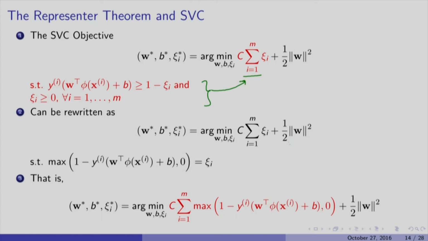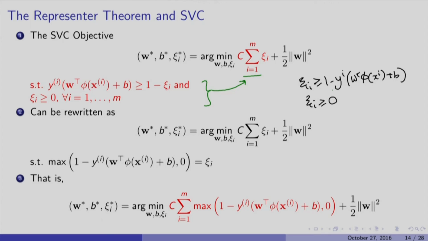First of all, we will try and write these two inequalities as one. The first inequality could also be rewritten as xi_i greater than or equal to 1 minus y_i (w transpose phi of x_i plus b). The second one is of course xi_i greater than or equal to 0.